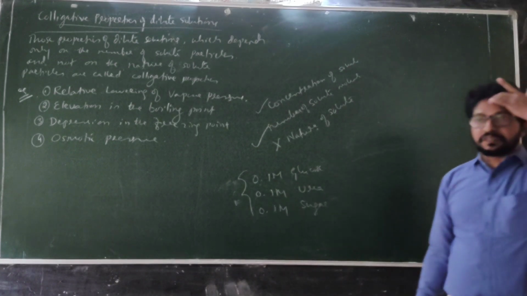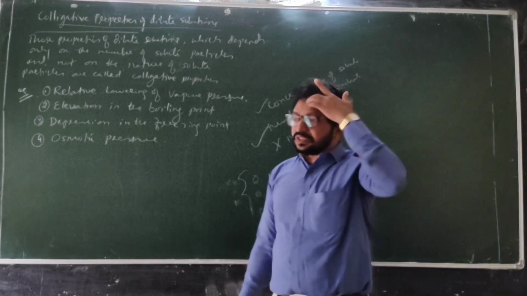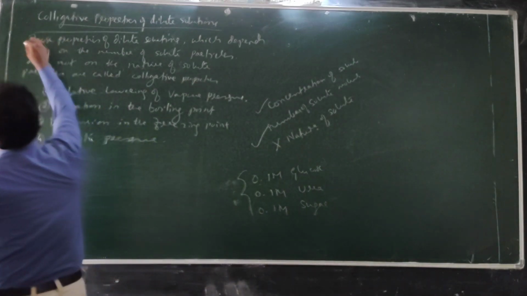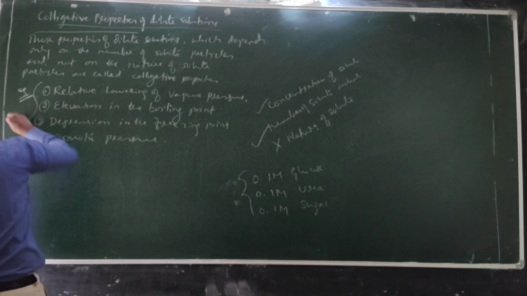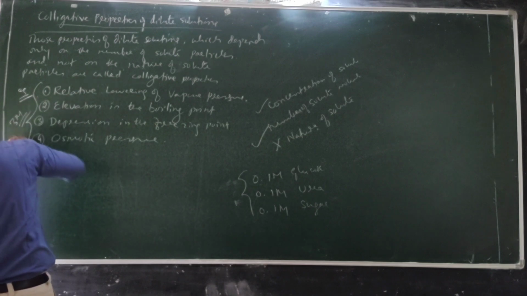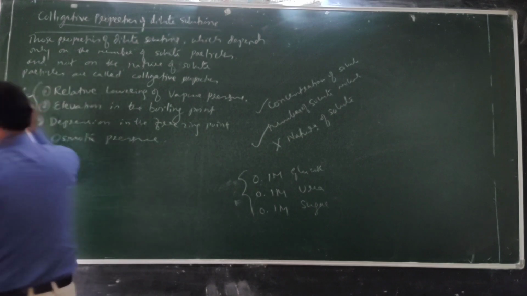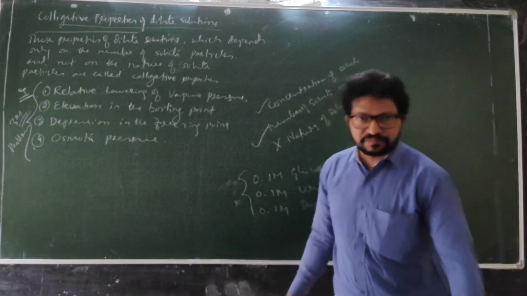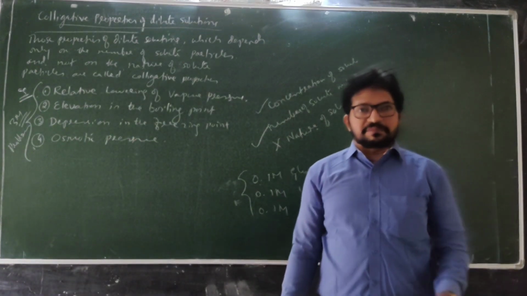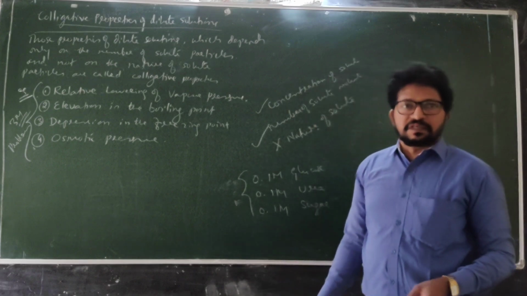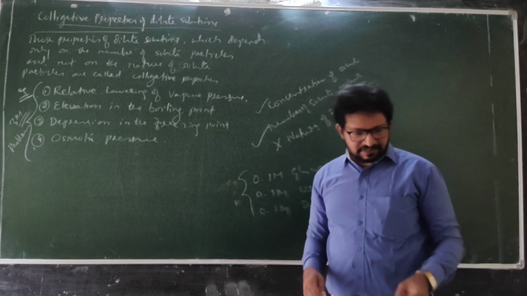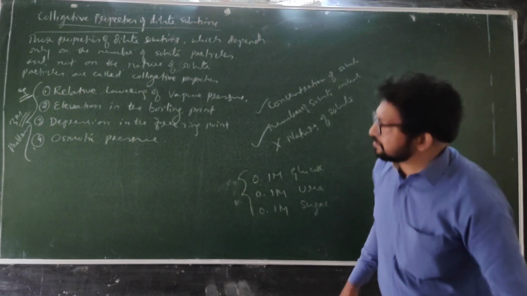Okay? So we have to learn all these things one by one. Out of these four, you are going to get a 3-mark problem based on the derivations of these properties. You are going to get a problem on this, and some 1-mark questions also can be expected from this chapter.